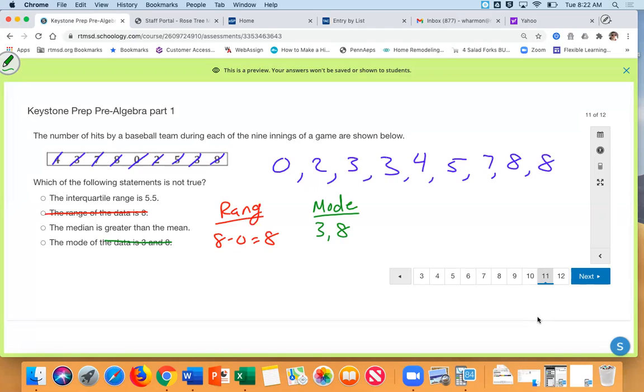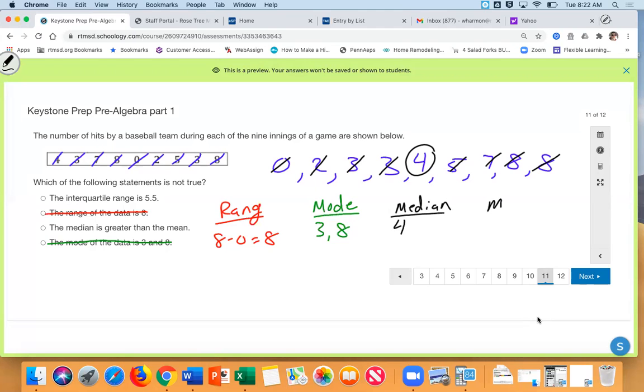So it's not that one. The median is greater than the mean. Well, the median is the middle number, like in a row, it's the middle. So the median is 4.